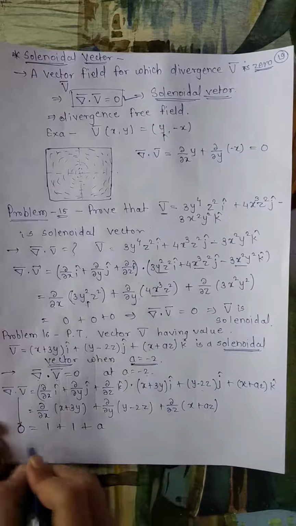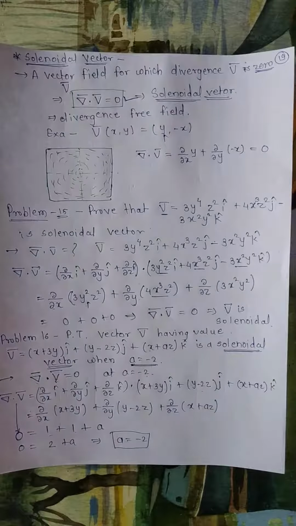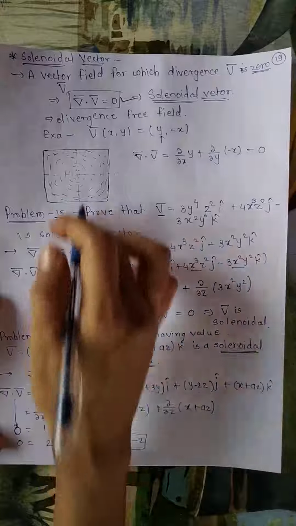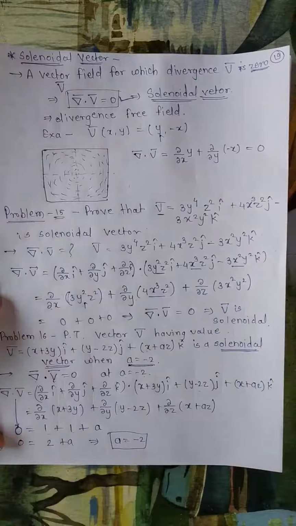So 0 is equal to 1 plus 1, 2 plus a, and this implies that a is equal to -2. Hence we can say that our vector field v bar is solenoidal at a equal to -2. So this is the discussion on the divergence of a vector field, and we have also solved problems based on it.